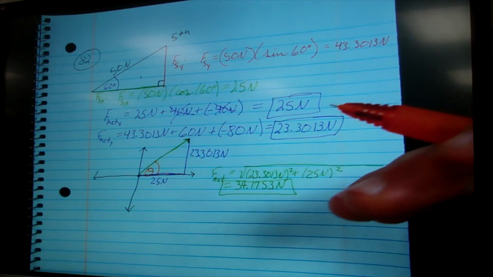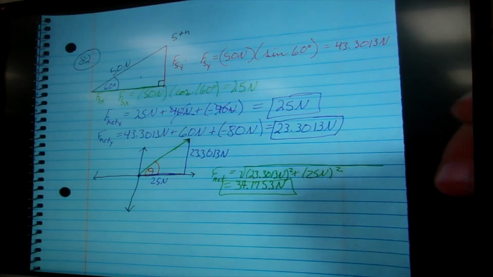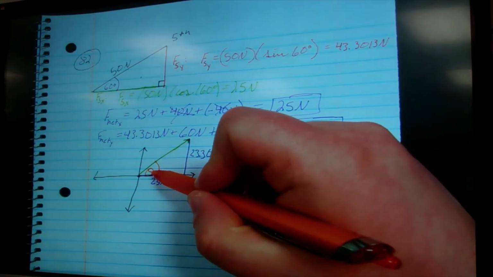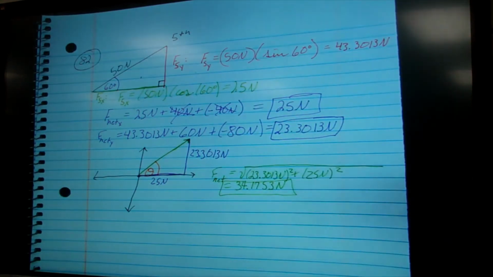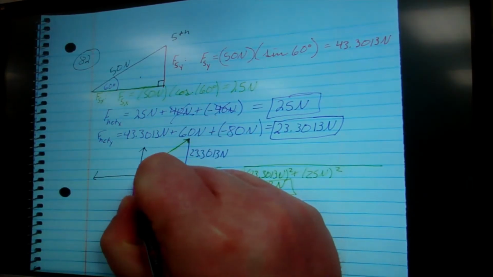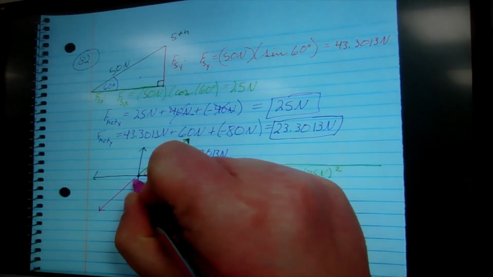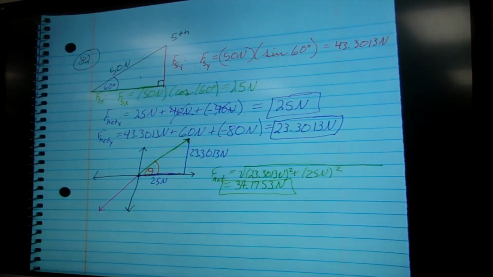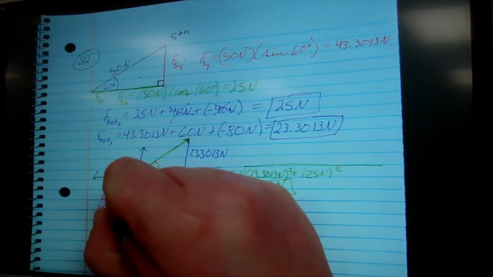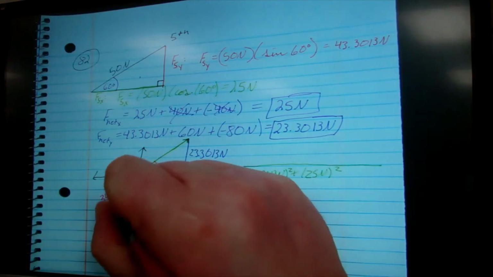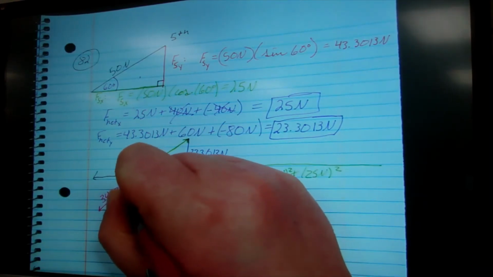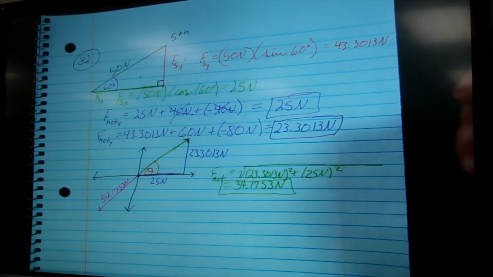Since you've done it this way, you just have to add 180 to that, because the sixth force that would cancel this out is 180 degrees of that. It's the same number, 34.1753 newtons, but we need the whole angle for it.